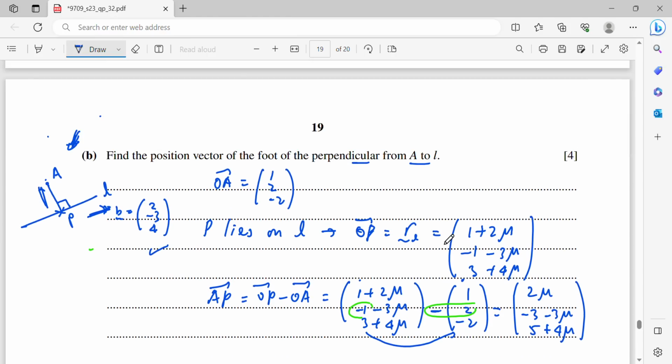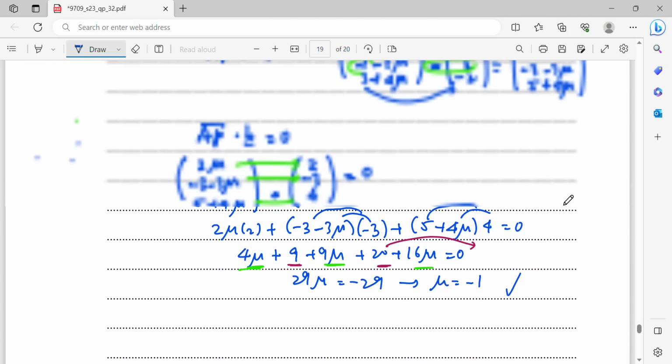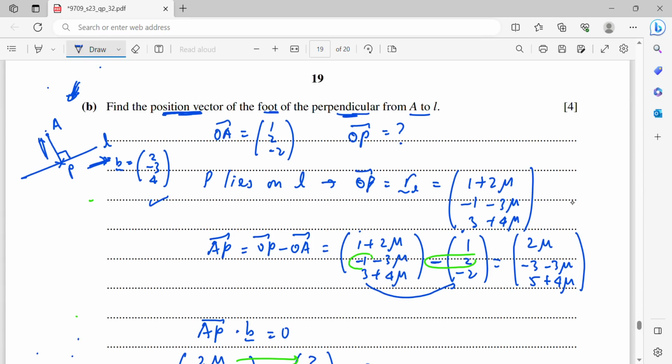So when you refer back to the question, we need to find the position vector of the foot of the perpendicular. That means this is OP. What is your OP vector? Once I have found the mu, which is minus 1, to get the vector OP, very simple, just substitute back into the vector OP here.